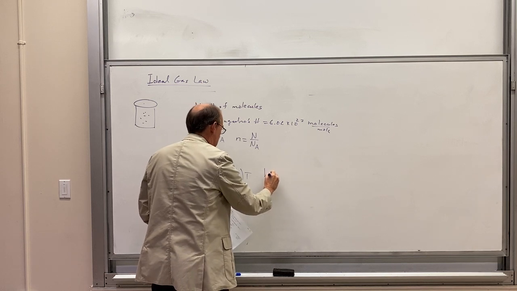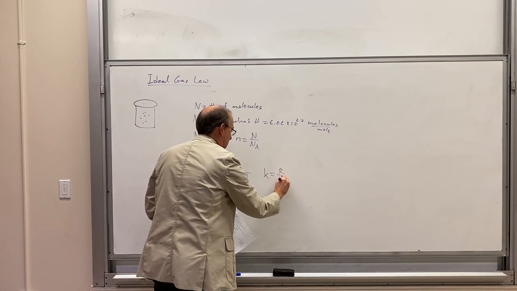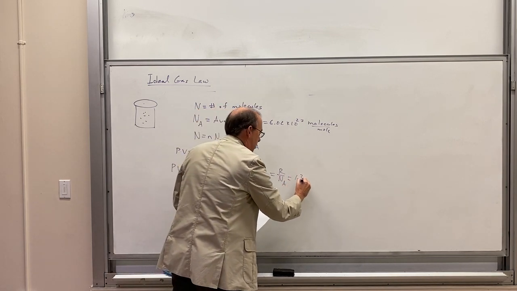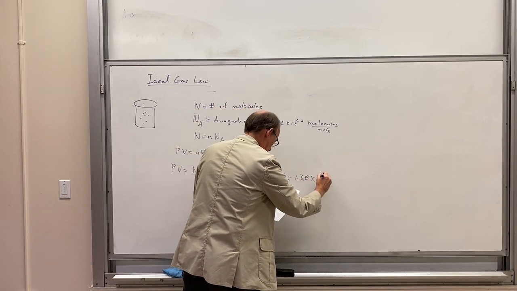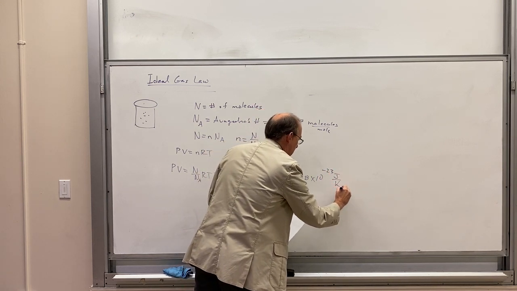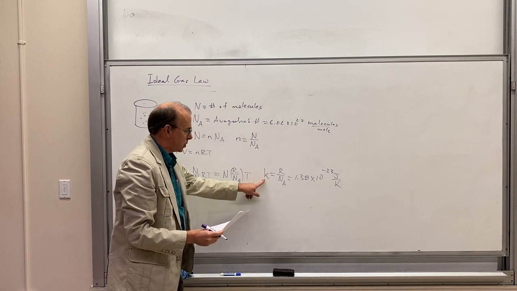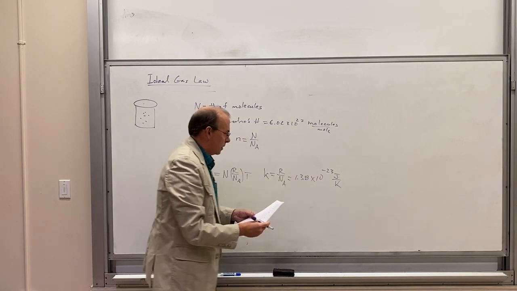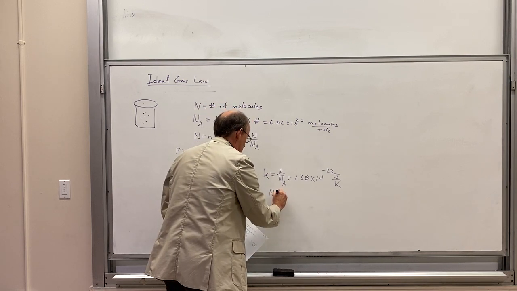Lowercase k is R over N_A. That's 1.38 times 10 to the minus 23 joules per Kelvin. So this is a little k, not a big K. This is something called Boltzmann's constant.